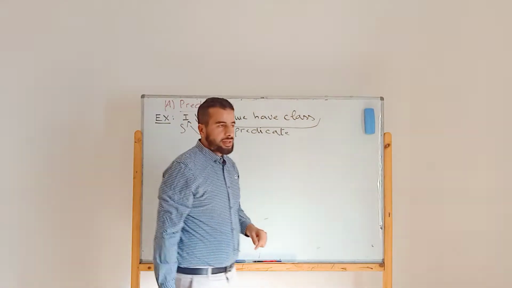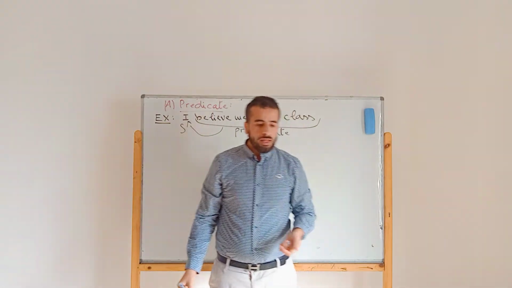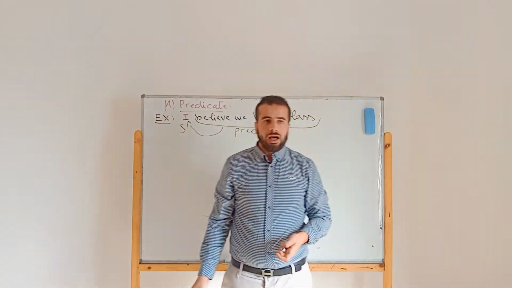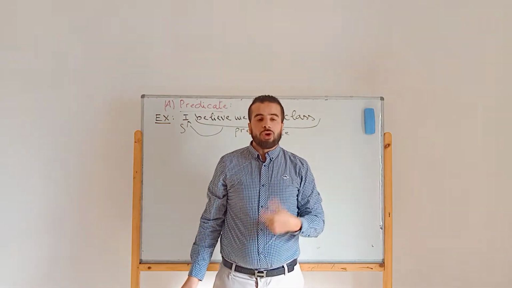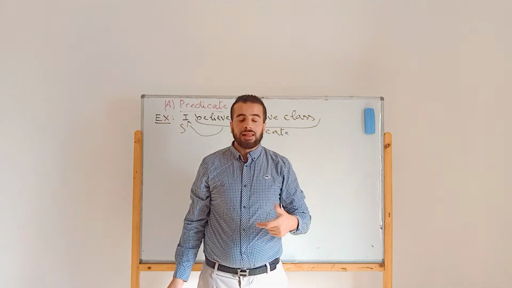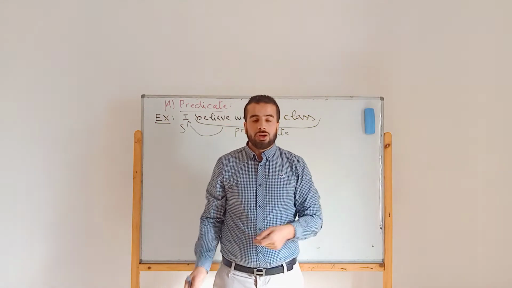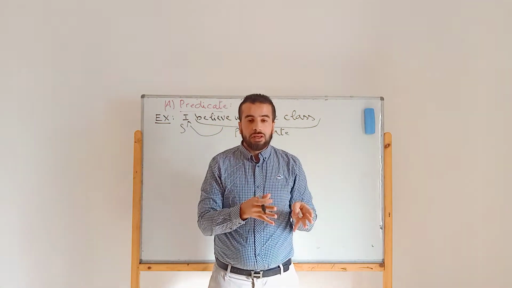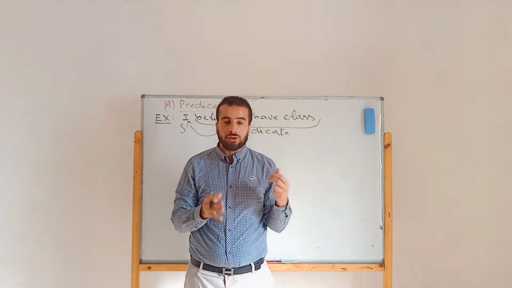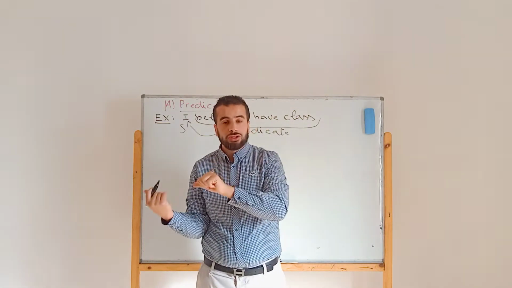This is simply another meaning. We can say she arrives at a later time. Okay, so here arrives at a later time, we call it predicate because it gives us information about she.